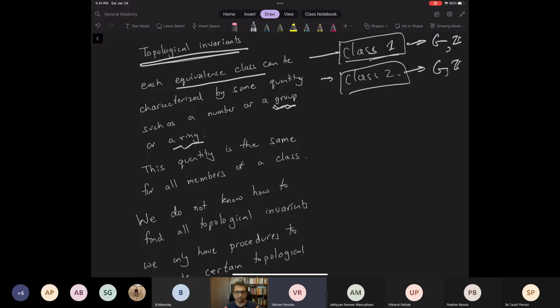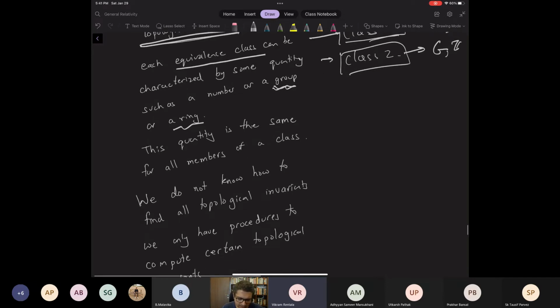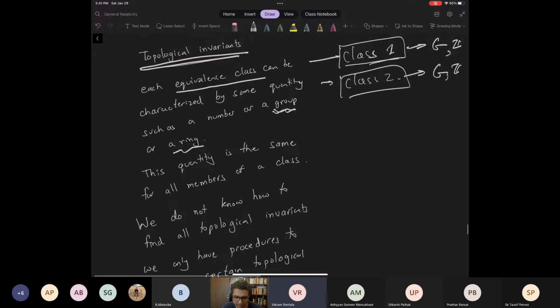There are different ways in which mathematicians try to do this. The interesting thing about this is that this group or this number is the same for all members of the class. You can compute this quantity, and if they're all homeomorphic to each other, they will give you the same topological invariant.